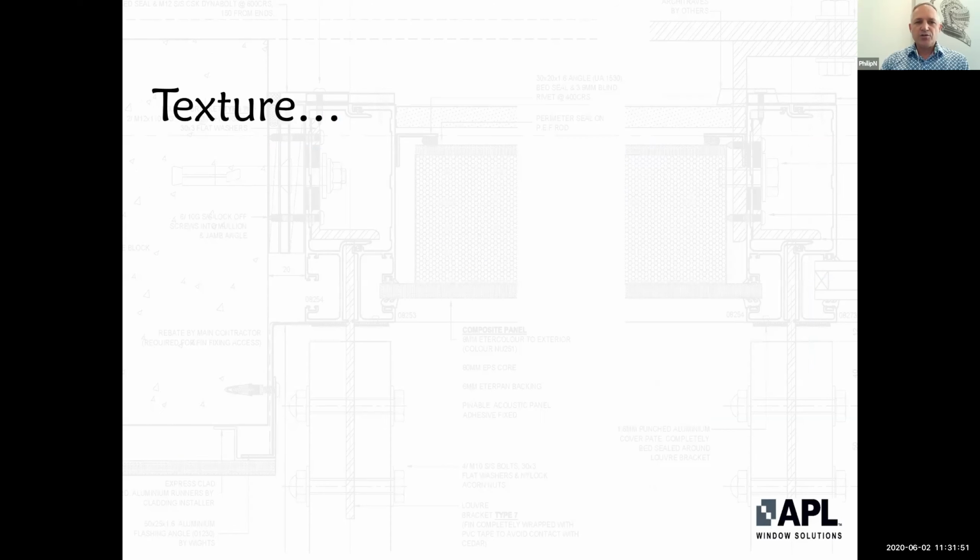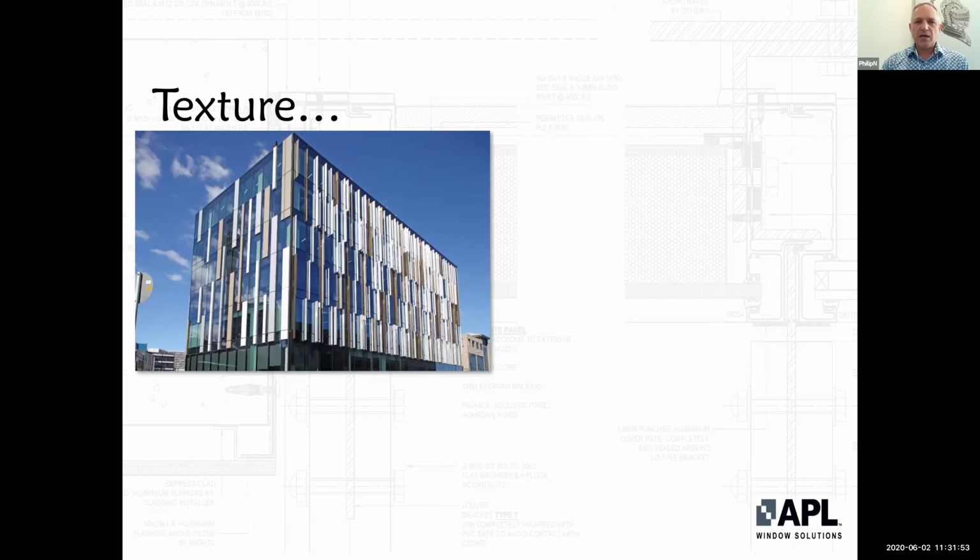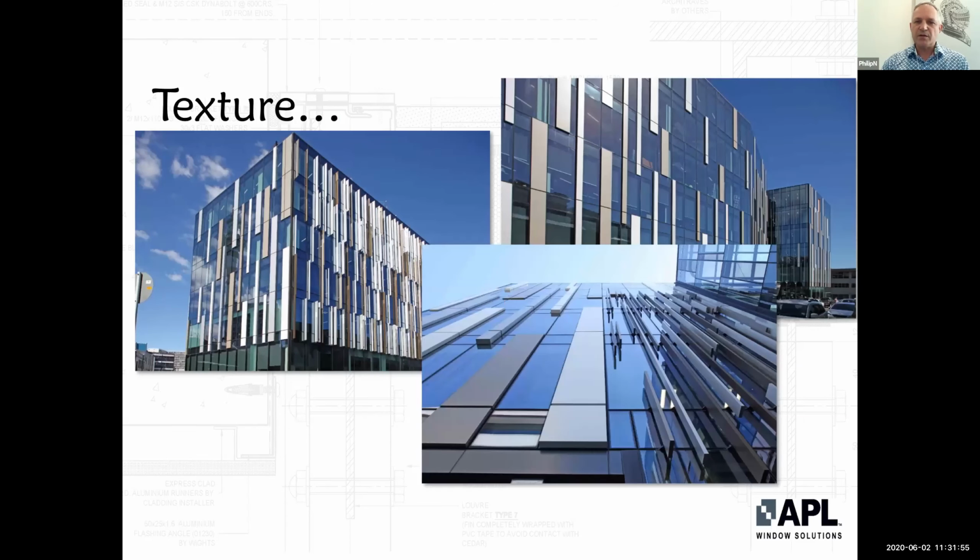Again, another project where they've used not just vertical box fins, but they've also used an ACM panel, a composite panel, and they've replaced the glass and put the ACM panel into the facade system. And again, that's to create shading to prevent overheating in the building.